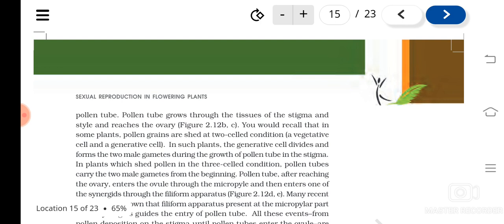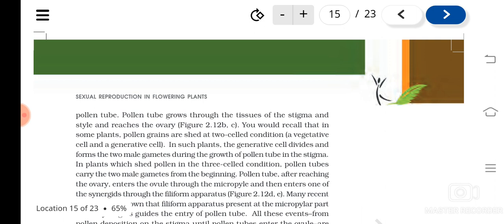During this journey, the pollen grains which are shed at the two-celled condition will have two cells. What are they? The generative cell and the vegetative cell. As this grows down, the generative cell will form two male gametes. Understood?